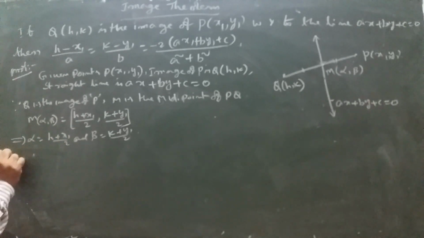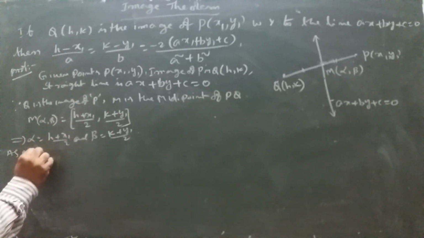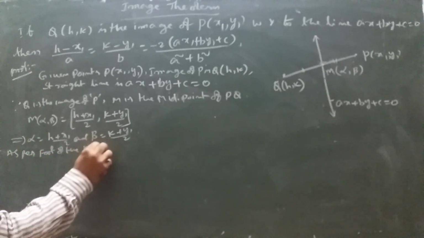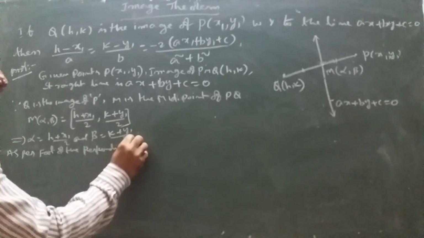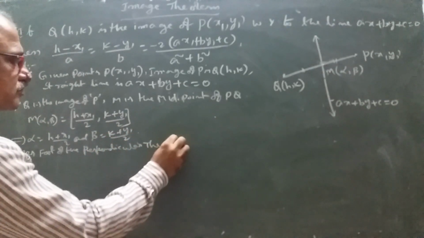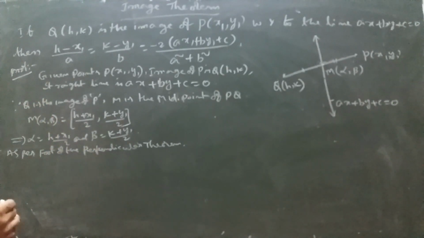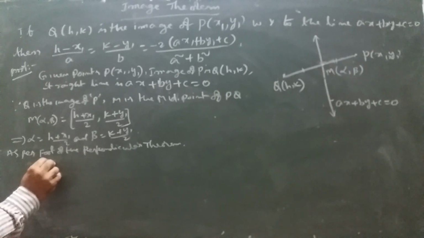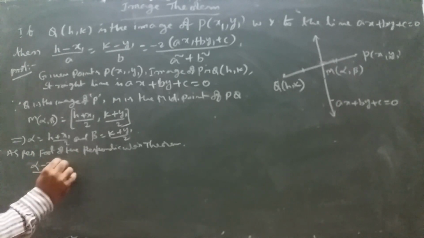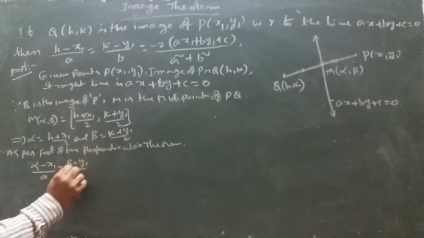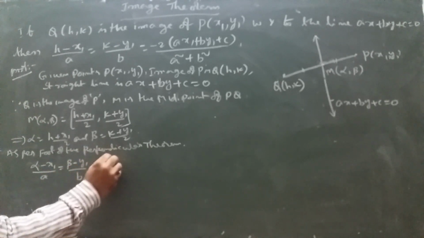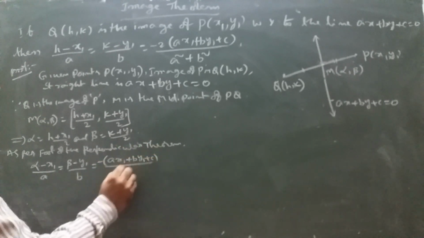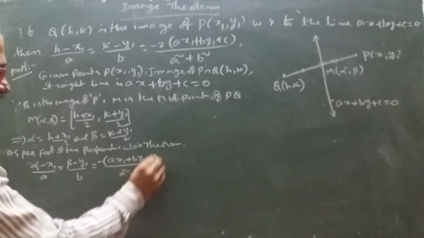As per the foot of the perpendicular theorem, what will be there? (alpha - x1)/a = (beta - y1)/b = -(ax1 + by1 + c)/(a^2 + b^2).